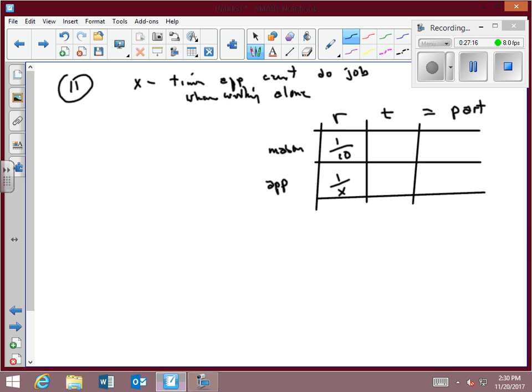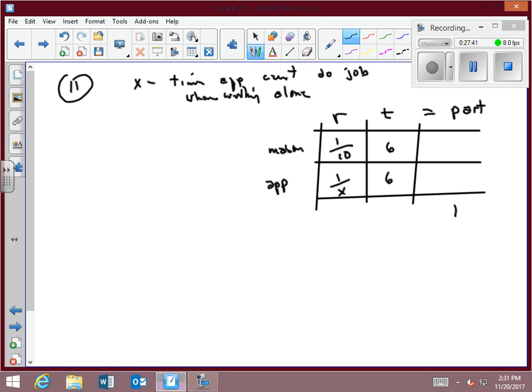Now it says, with mason's apprentice assisting, the task takes 6 hours. So what would you do? The time that they work is 6 hours each, isn't it? And they get the job done, right?